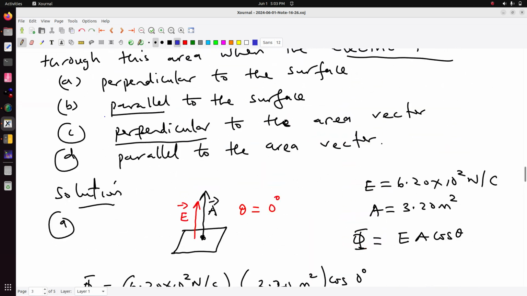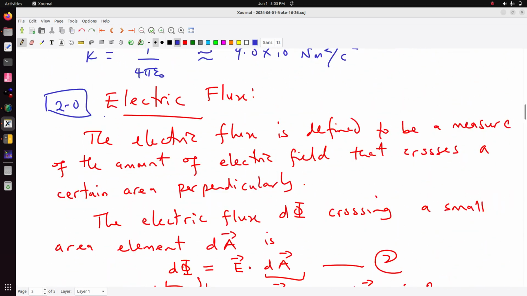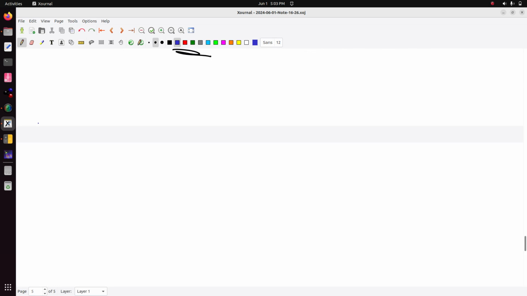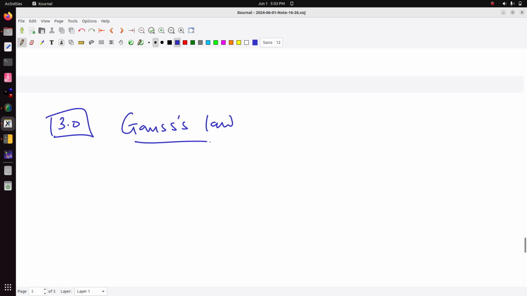So let me check the numbering. That will be 3.0, Gauss law. Now, this Gauss law says that the total electric flux, which we talked about previously, is given by the integral of the scalar product of the electric field and the area vector.